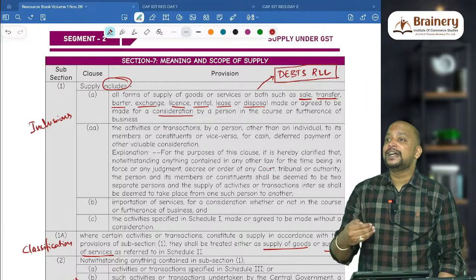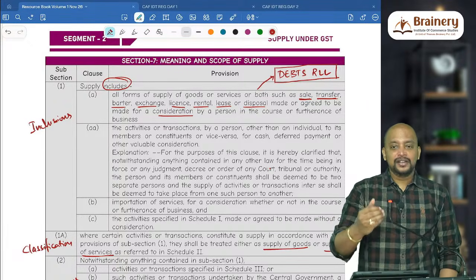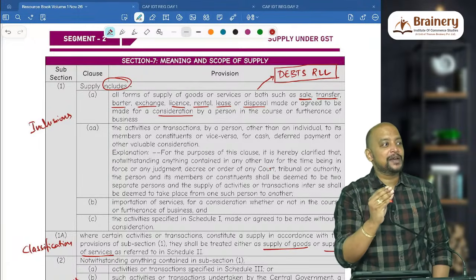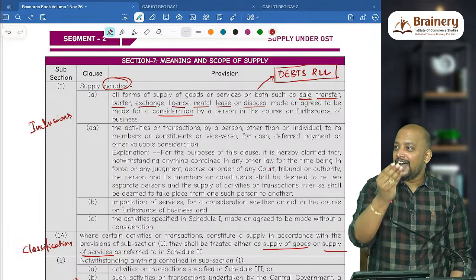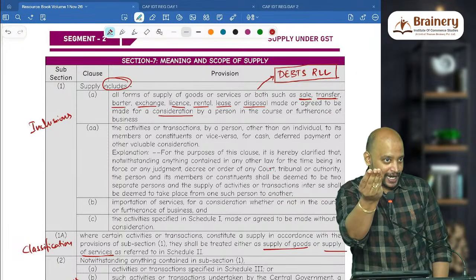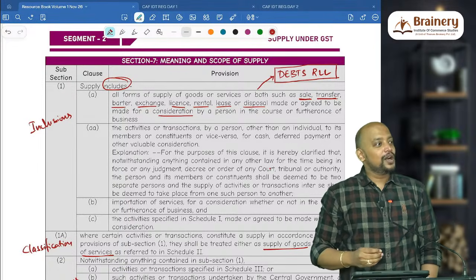For example, you cause damages. Say those who are sitting in the first row, you need to be careful with the camera. Suppose you hit that camera and it falls somewhere over there and is broken, a Sony Alpha camera, 1,40,000 rupees. Now what will I do?